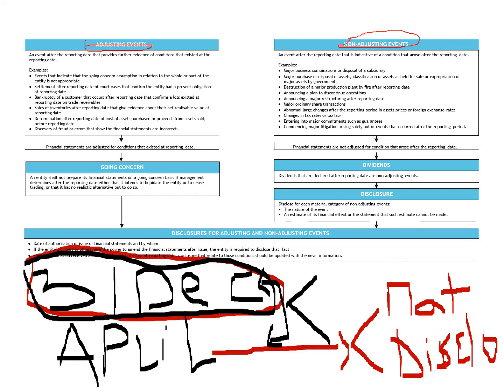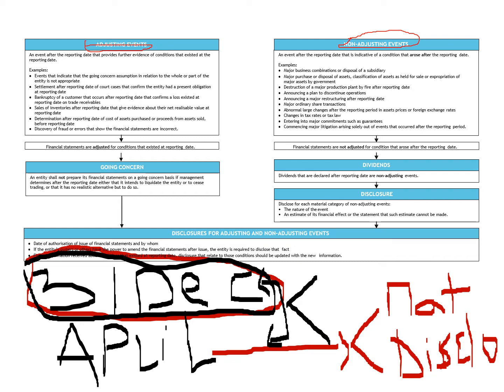You have a receivable at 31 December 2019 related to a customer you have. This customer on 15th of January declared bankruptcy. So is this an adjusting or a non-adjusting event? As per IAS 10, this is an adjusting event. Why?